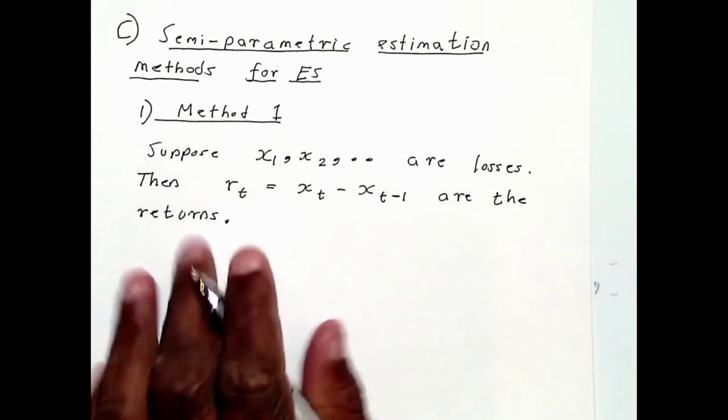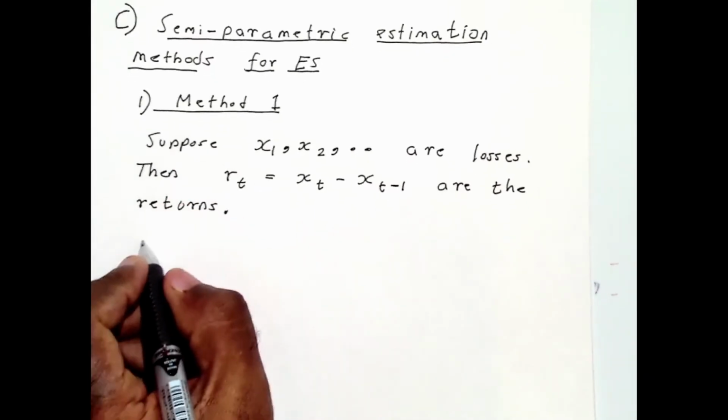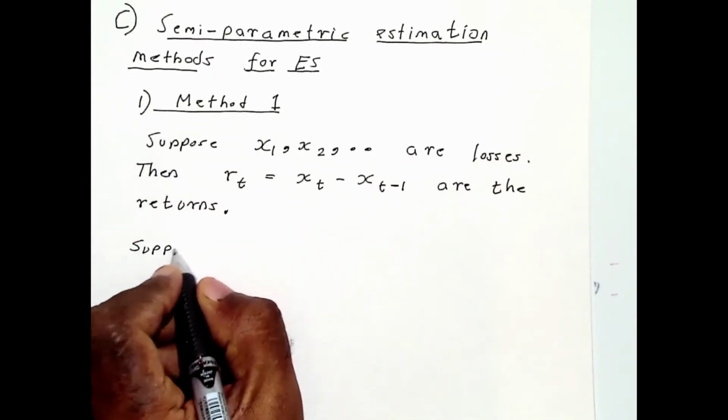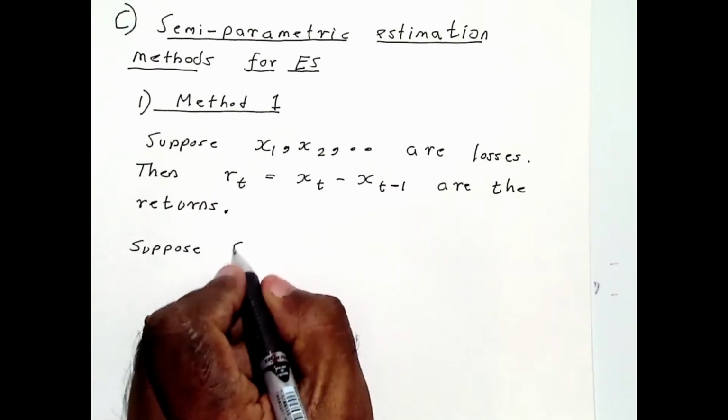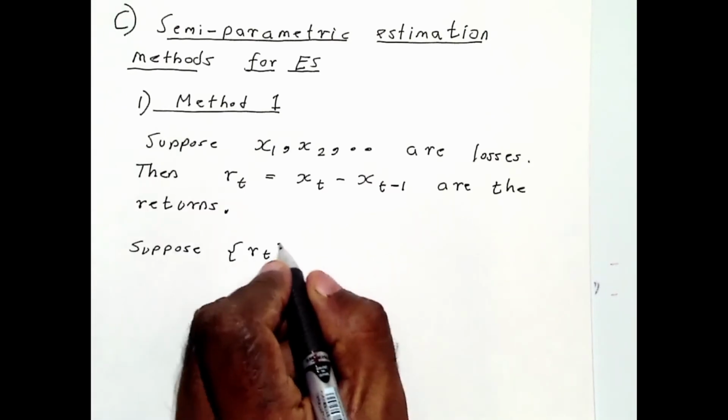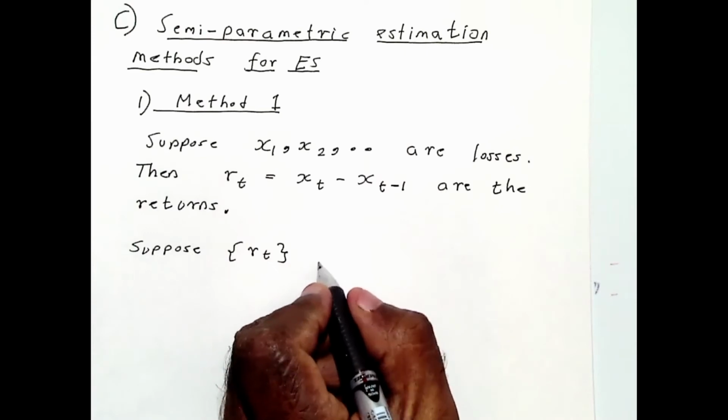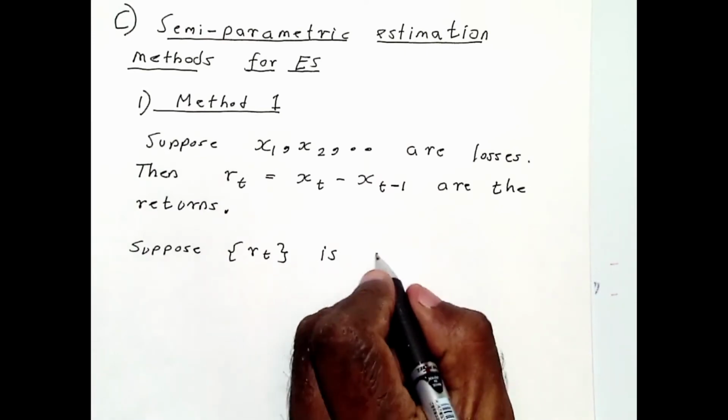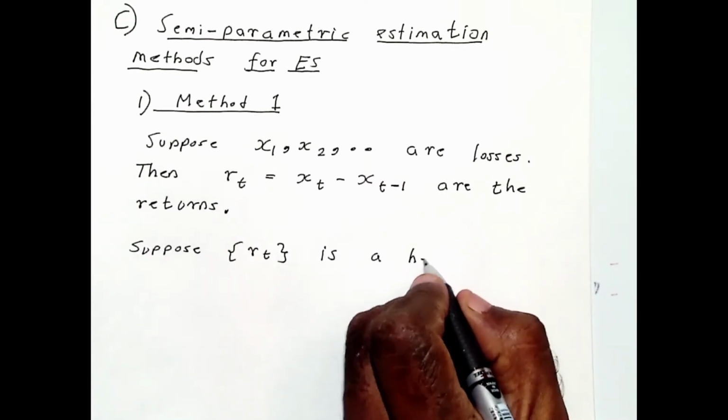Now I'm going to suppose that the returns R_t is a heavy-tailed process.